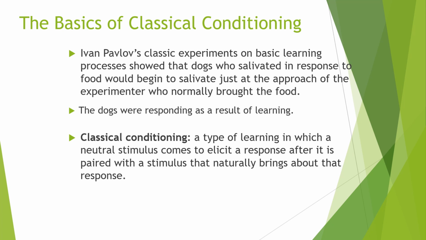With reflexes, there is no learning involved. Okay? It just automatically happens. So you have this stimulus that causes a reflexive response. When you take a neutral stimulus and pair it with that natural stimulus, now the neutral stimulus will bring about the same reflexive response. Because you have learned, you are anticipating what is going to happen.